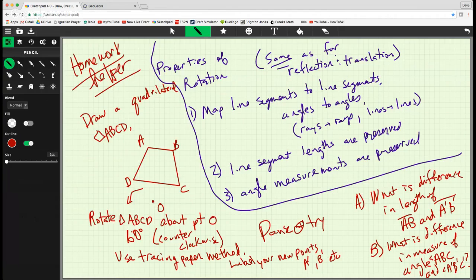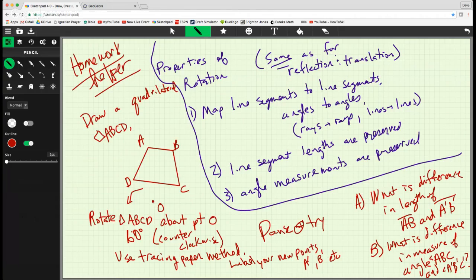I'm sitting here drawing the same thing that you're drawing. I probably should have had this already done, but I didn't. I'm using my tracing paper, drawing, and we will see how we do this problem.